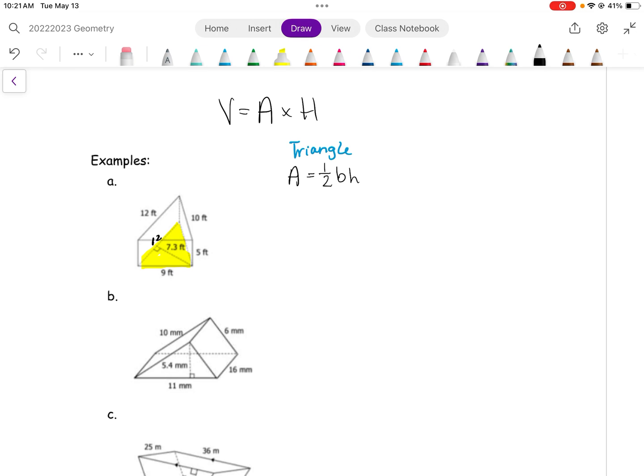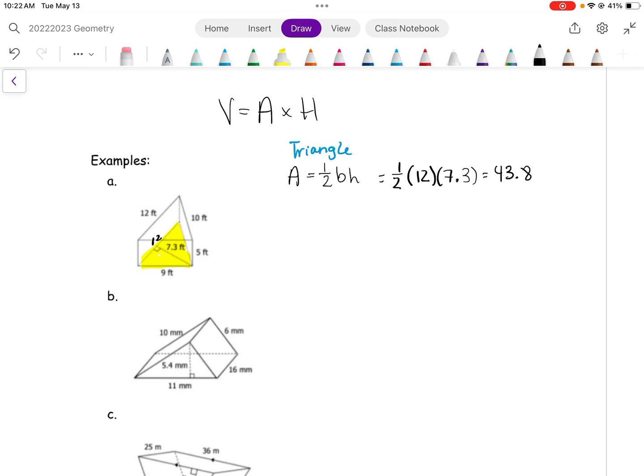So that's my base and height of the bottom triangle. So the area of that triangle is 1/2 times 12 times 7.3. That would be the area of my base. So 12 times 7.3 divided by 2 is 43.8. I have my A.